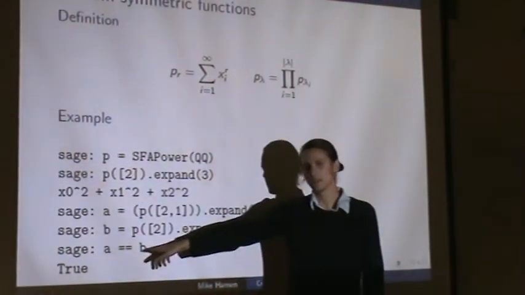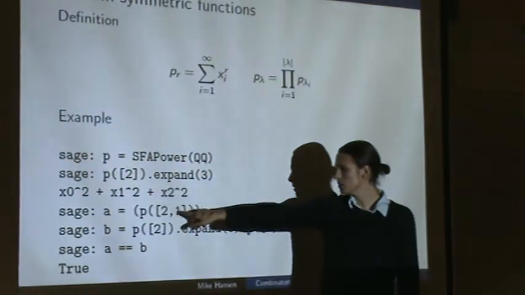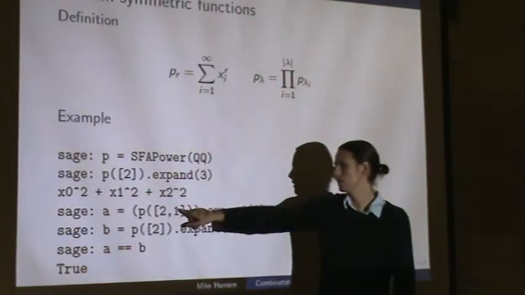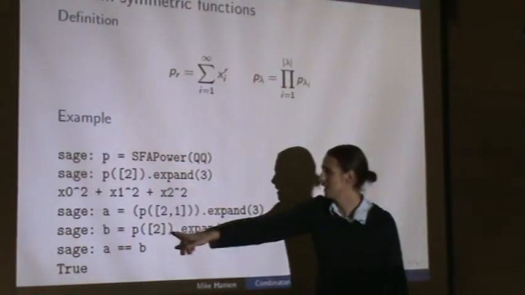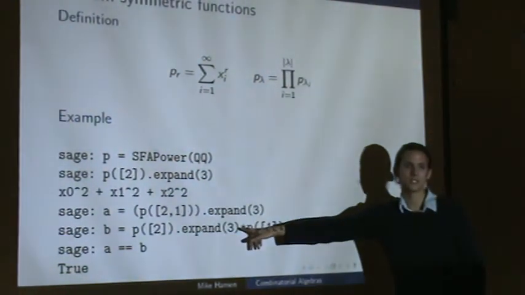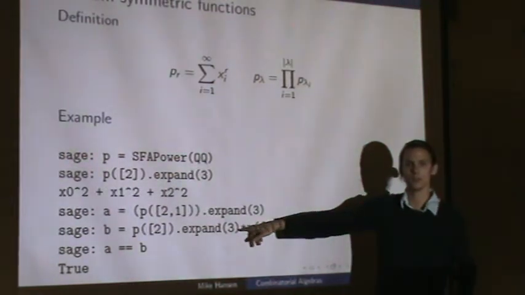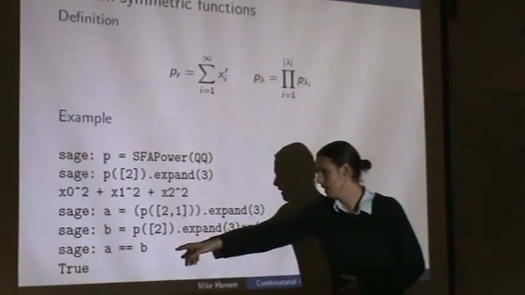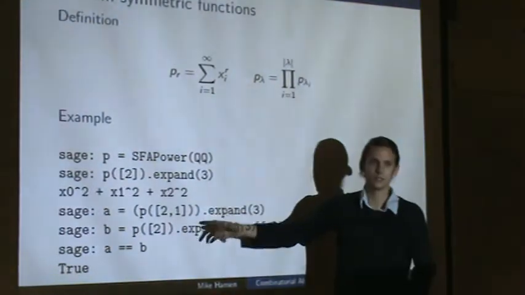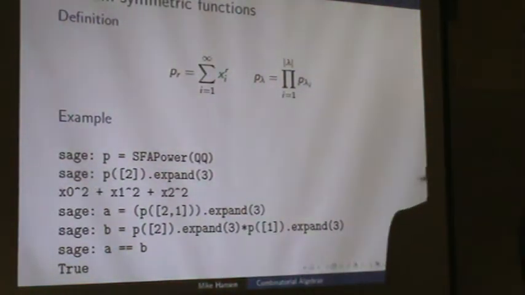And what we see is that these are the same. So this up here is the element of the power sum symmetric functions, and this here, the multiplication is taking place between multivariate polynomials. So you can see that this corresponds to the operation that you think it would.